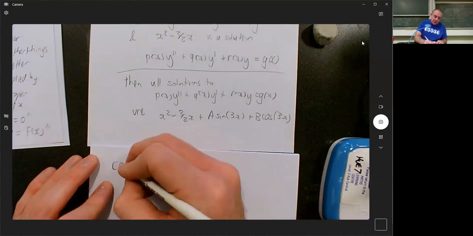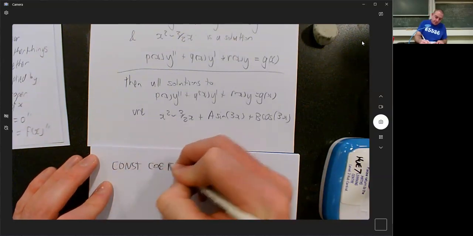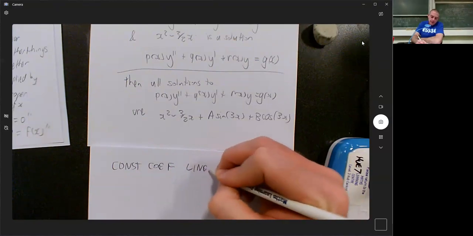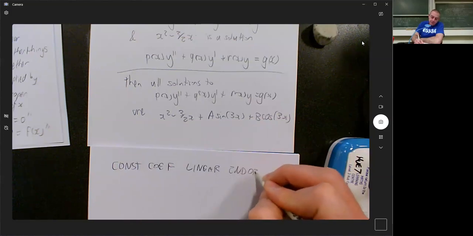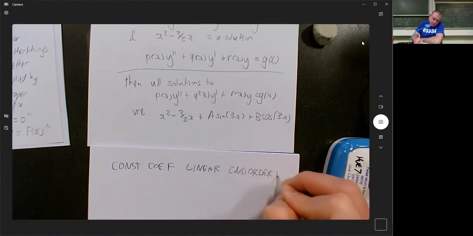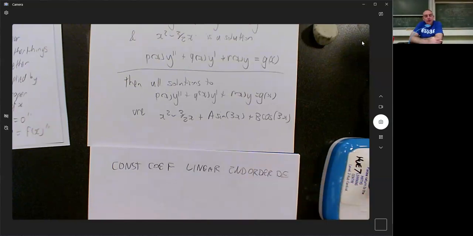So for constant coefficient, linear second order DEs, a way to figure out the answer is this. I just want to do one quick example first, just to point something out.